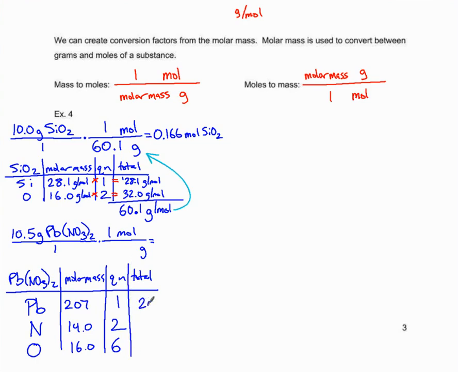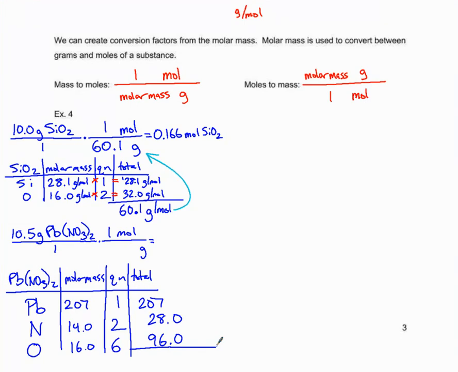Total them up. There's 207, 28.0. 16 times 6 is 96.0. And we're going to add this column together. Remember our significant figures rules.